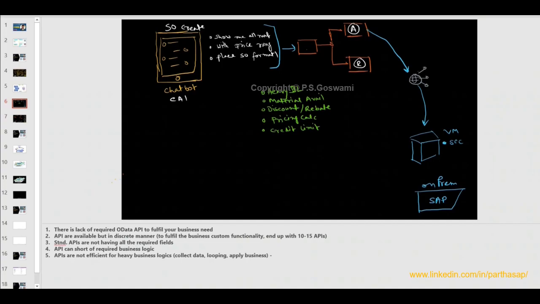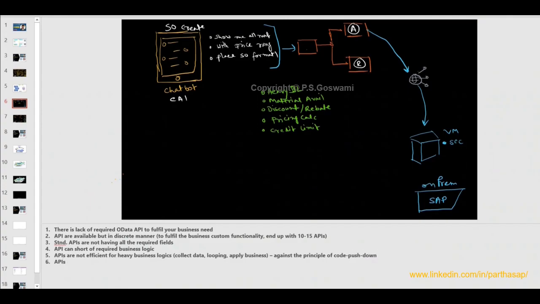This is against the principle of code pushdown. Previously we used normal ABAP, then we moved to code pushdown technology, the CDS technology, where our logic is executed at the database layer or near the database side. So this is against the principle of code pushdown.